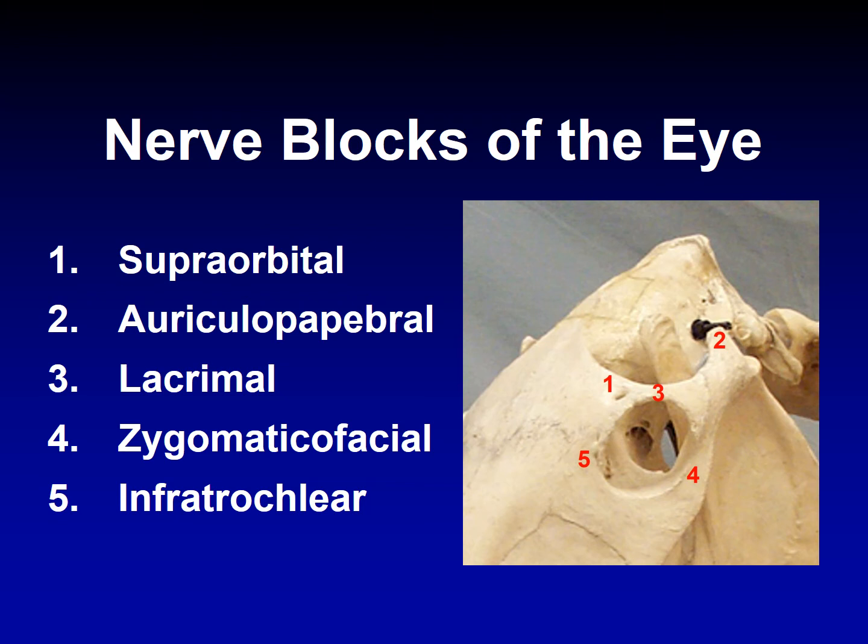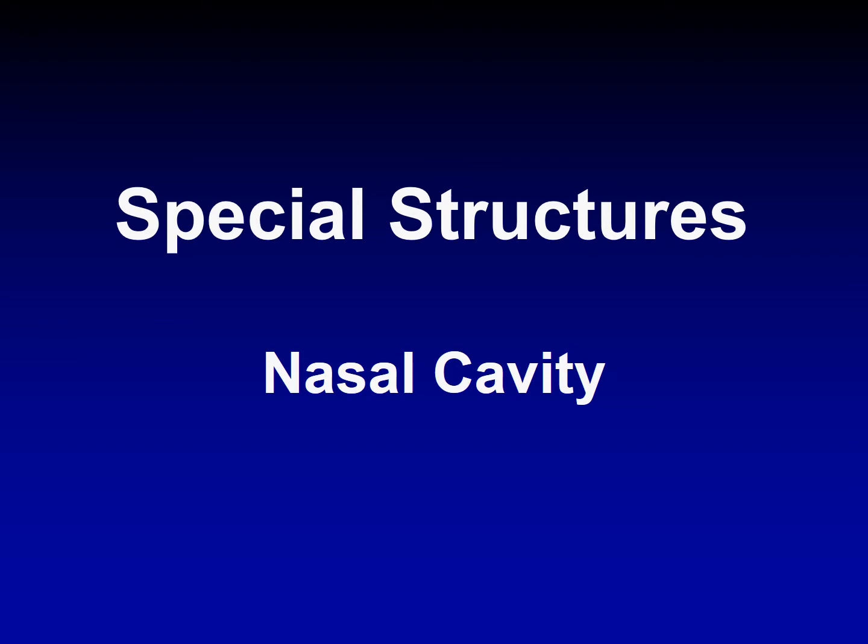So we've talked about the 3 nerve blocks on the face and the 5 nerve blocks around the eye. Now we'll move to a different topic. Still we are on the horse's skull, and that is the nasal cavity. Nasal cavity is the first special structure in the horse's skull that we will be talking about.